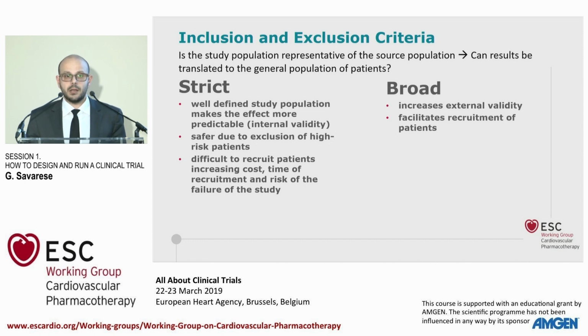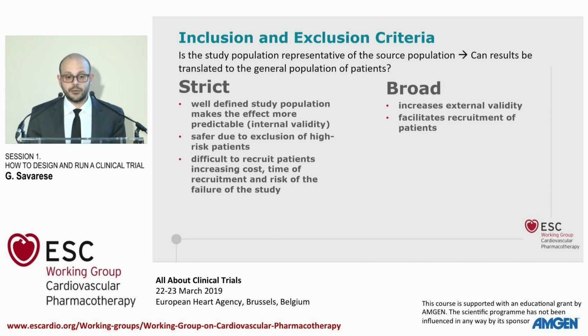For example, in a lot of cardiovascular trials, they exclude patients with severe renal disease because these patients are at very high risk, and usually a lot of treatments are excreted by the kidneys.